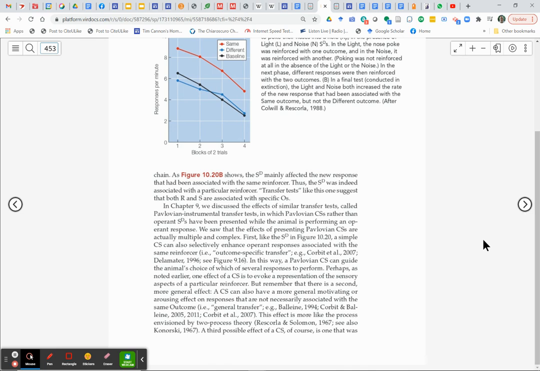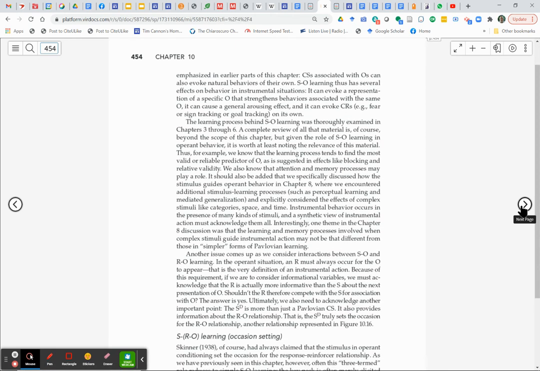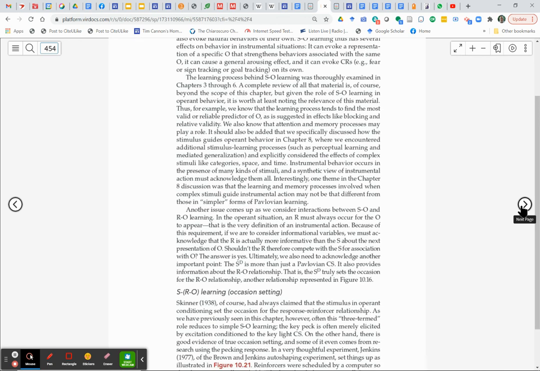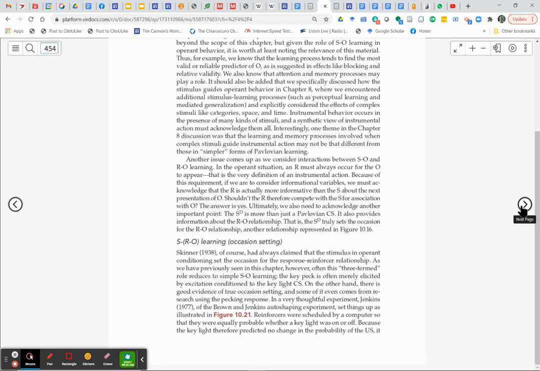So you can see the melding here between classical conditioning and operant conditioning. And there's Rescorla and Solomon, 1967, Konorski. These are really, really classic studies. Is it S-O, is it R-O, is it both? The odds are almost always that it's both.